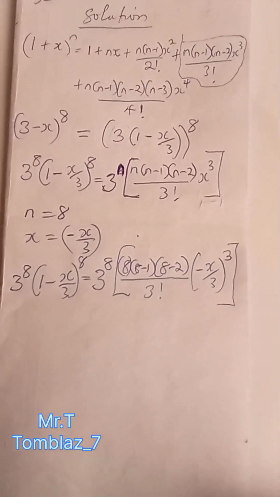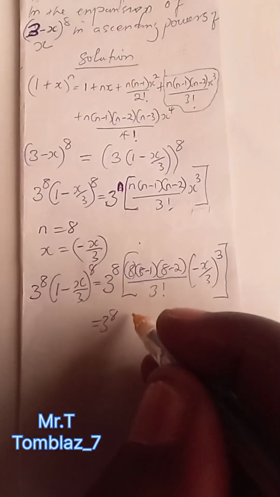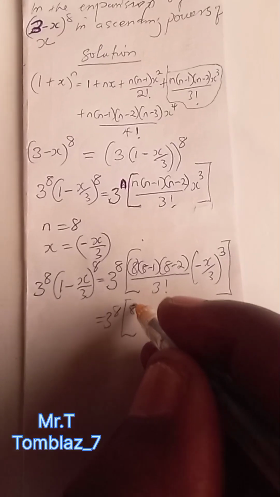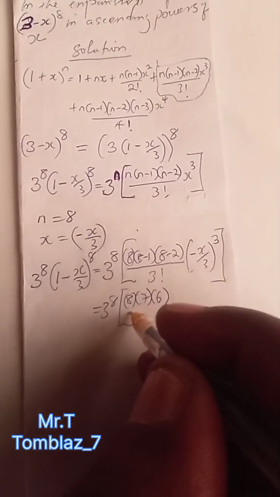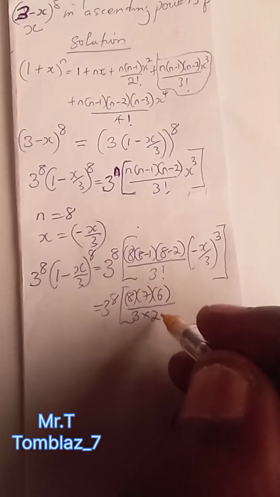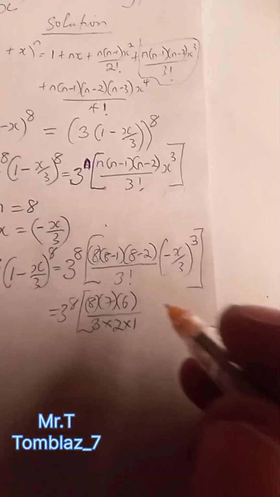Okay, so let's go further. This is going to be 3 raised to the power of 8 into 8 into 7 into 6, over 3 times 2 times 1, which is 3 factorial.